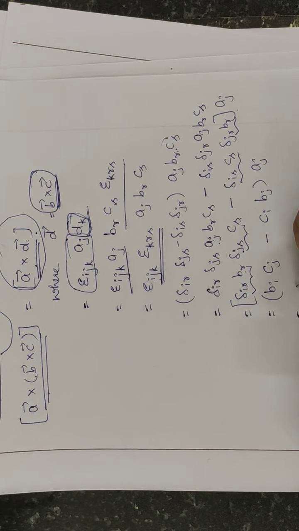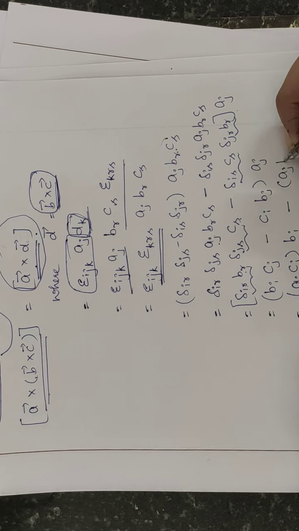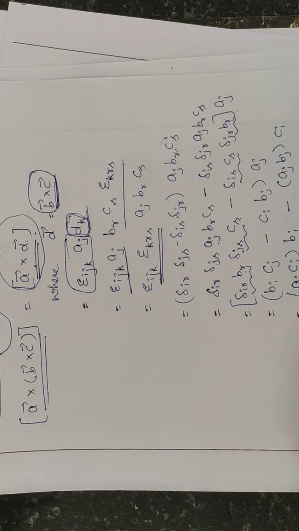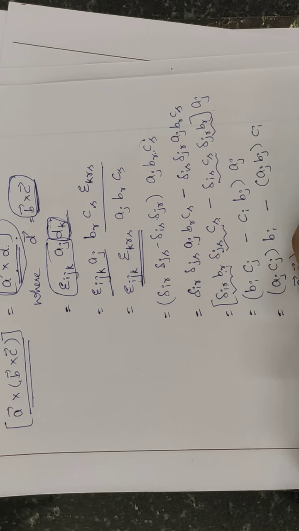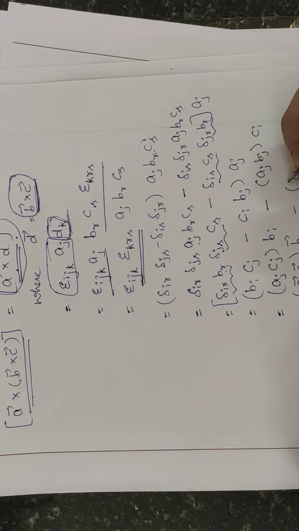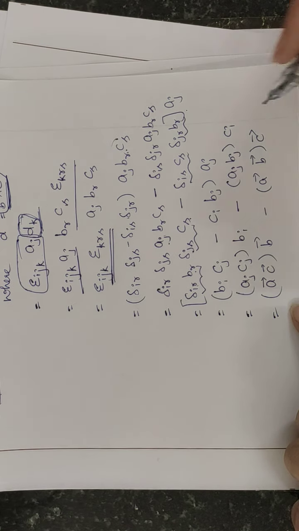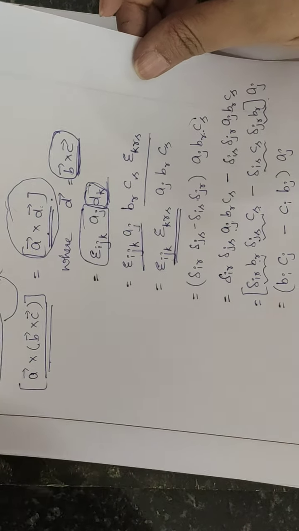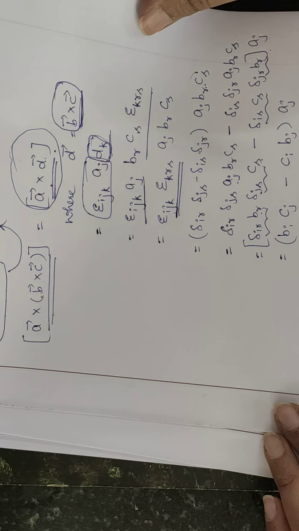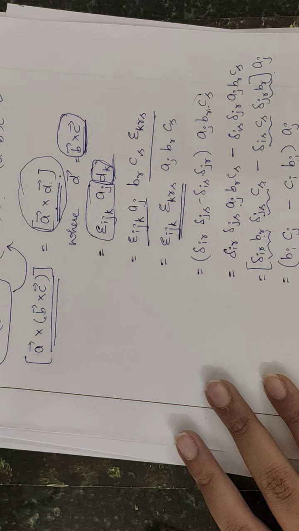So this is nothing but aj cj bi minus aj bj ci. This is nothing but vector b times (a dot c) minus vector c times (a dot b). This is what we were supposed to prove. Using the epsilon delta identity, we have proved this vector identity.